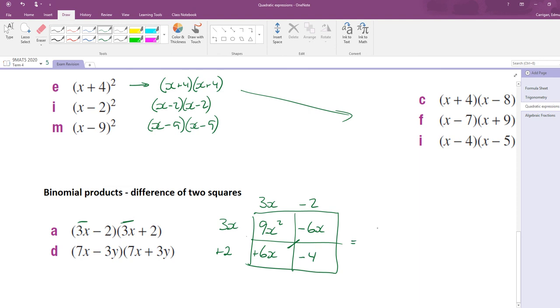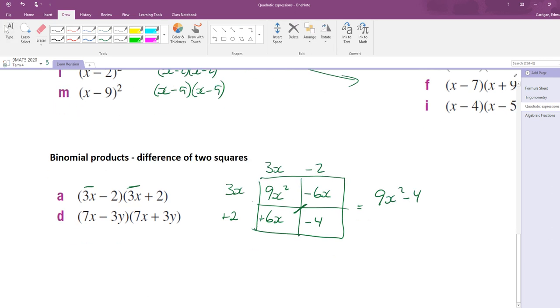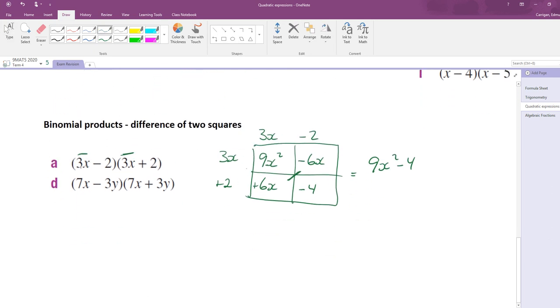That's going to give me, these two are going to cancel out. I'm going to get 9x squared minus 4. And you can recognise that it is this one squared minus that one squared. If you want to do it that way, if you're clever enough, you can.